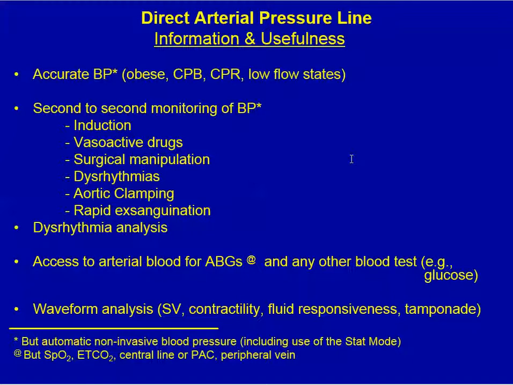Of course, it gives access to arterial blood gases and to any kind of blood test, commonly glucose and hematocrit and electrolytes. And finally, as we'll mention later, arterial lines are now used to help assess stroke volume and fluid responsiveness.